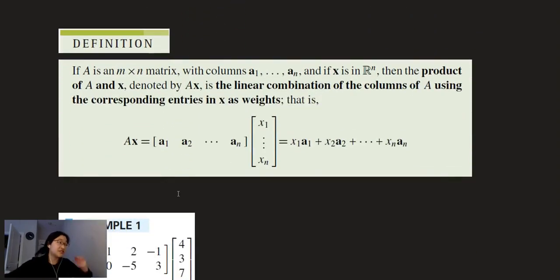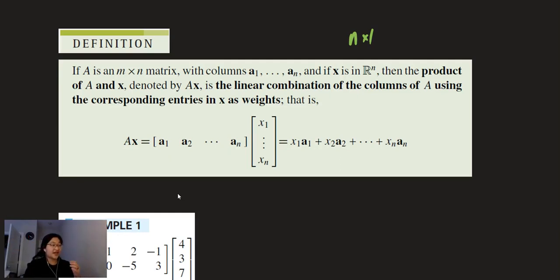So, our definition: if we have an n by n matrix A with columns A subscripts, those are column vectors, and if X is a vector in R^n, so X is going to be an n by 1 matrix, then the product of A and X, denoted by AX, is the linear combination of those columns of A using the corresponding entries in X as weights.